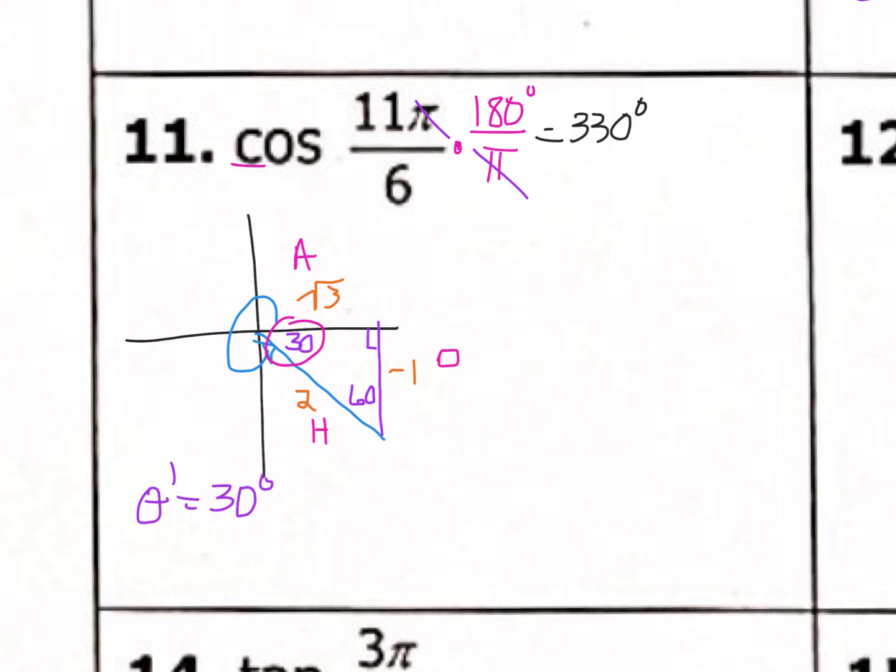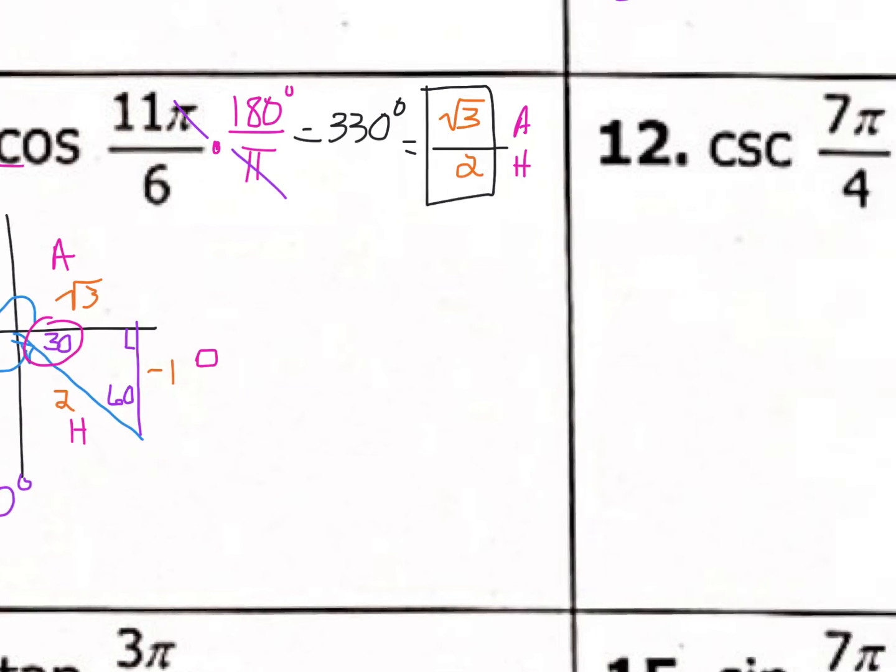So cosine is equal to cah, another hippie, so adjacent, which is radical 3, over 2, which is our hypotenuse. Remember, cosine is calculus. All students take calculus, so cosine is positive in quadrant 4, and so that makes sense that this is a positive radical 3 over 2, and that does not reduce, and so we're done.